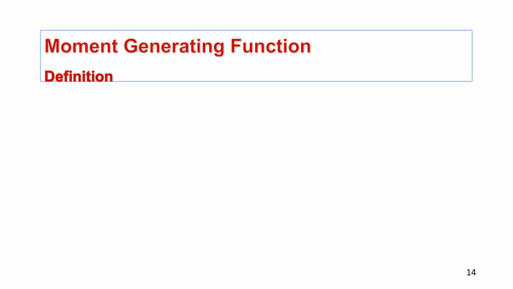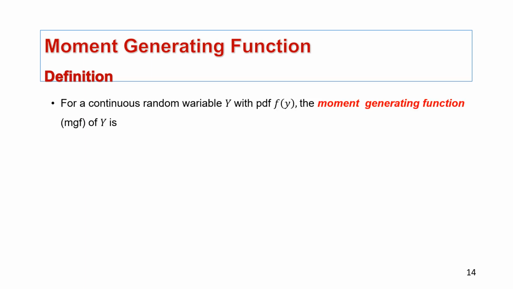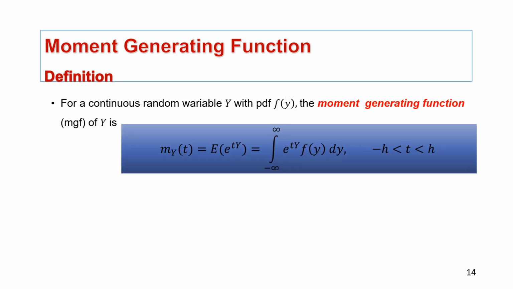Let's now talk about the moment generating function. The moment generating function has the same definition as in the case of discrete random variables. If you remember, the moment generating function was given, in the case of discrete random variables, by M_y(t), the expected value of e to the power ty. What's the difference?